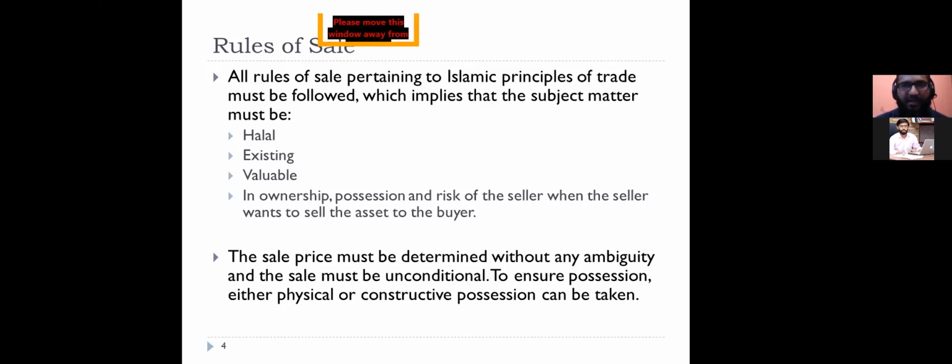It cannot be made conditional. And another important aspect of a sale transaction is that it must not be conditional. If there is some condition which is within the norms of business, then this can be admissible. But otherwise, combining two contracts in one, or making one sale conditional on some other event, is not permissible.